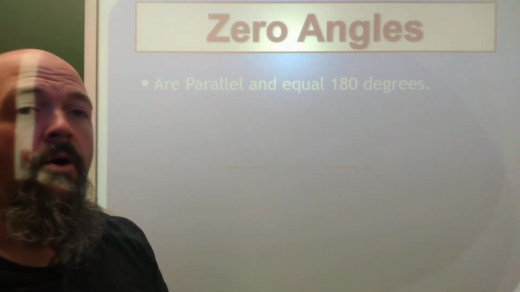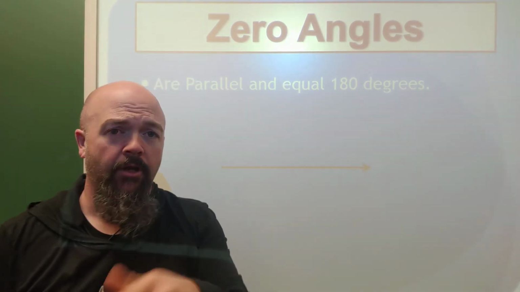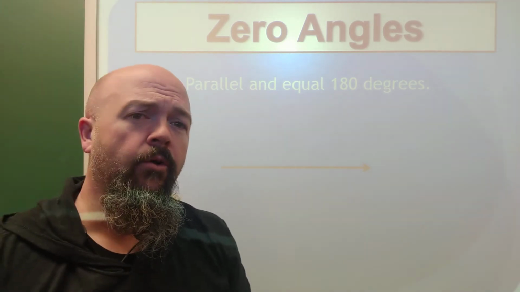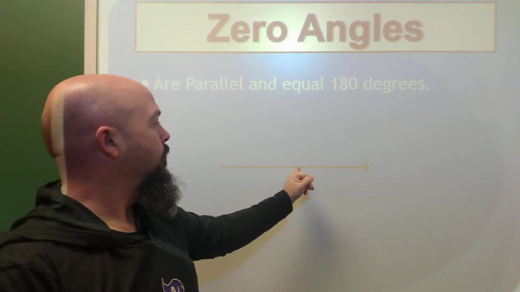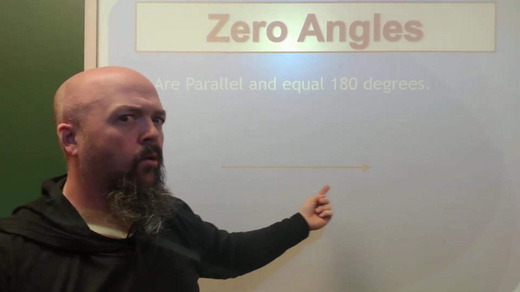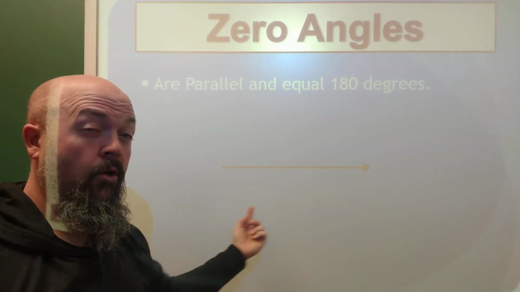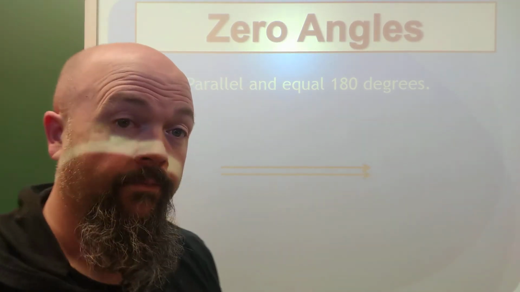Now, another way to look at a weird one is the straight angle, and that actually comes up on the worksheet. Straight angle is basically a line, but there is a vertex to it. It's basically a 180-degree angle, because 180 degrees is a straight line. So that is a straight angle, okay?